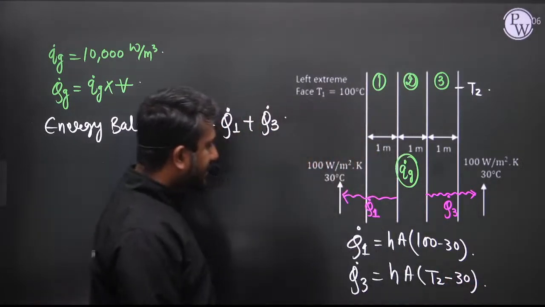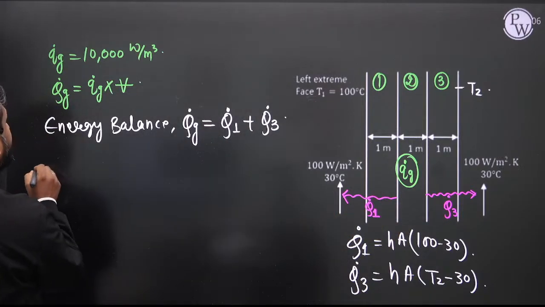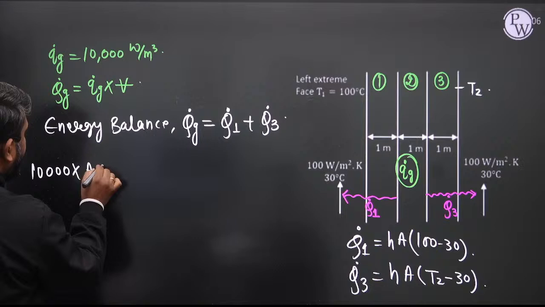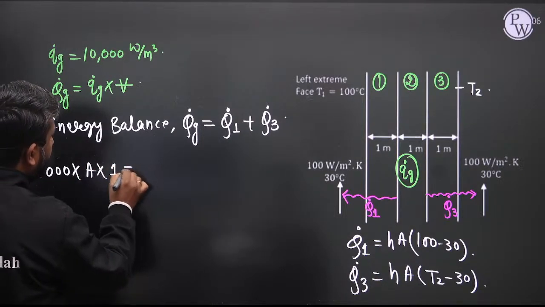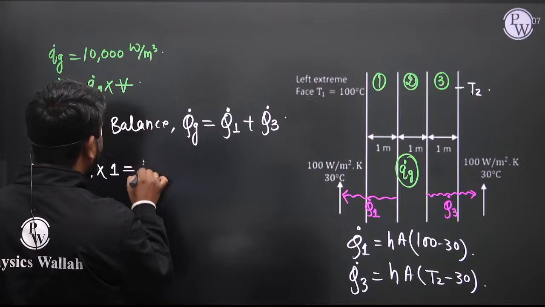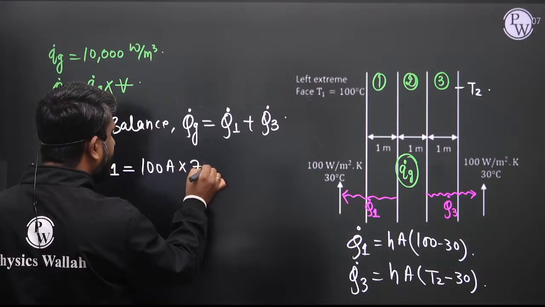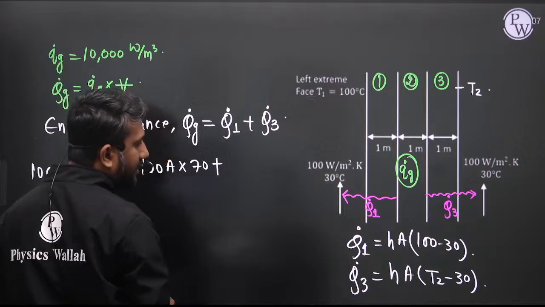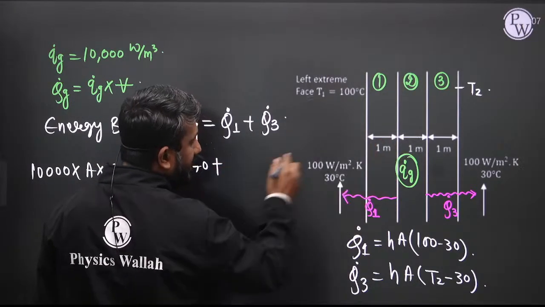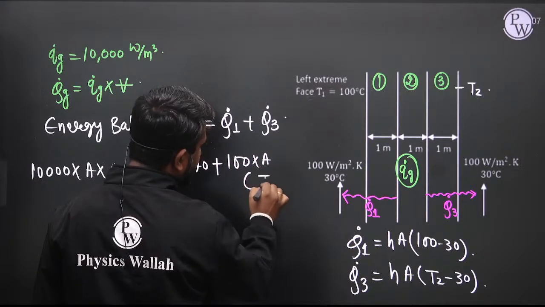Now Q dot G is 10,000 into volume, so A multiplied by thickness, which is 1, is equal to Q dot 1, which is H, 100, into A into (100 minus 30), that is 70, plus Q dot 3, which is 100 into A into (T2 minus 30).